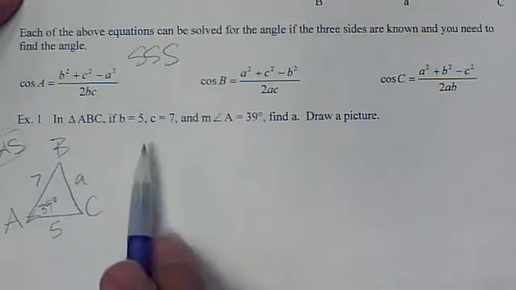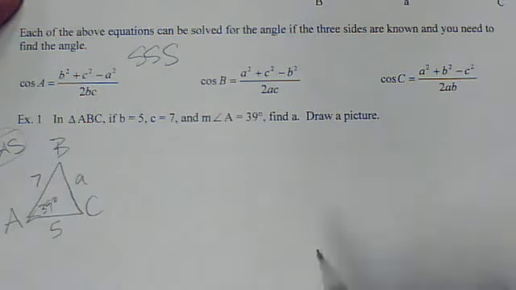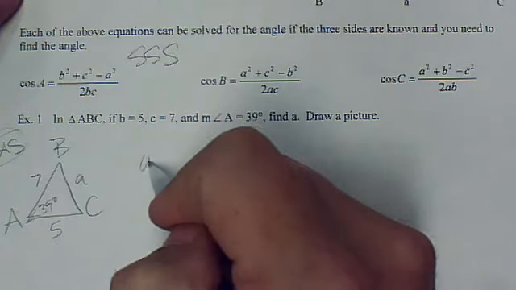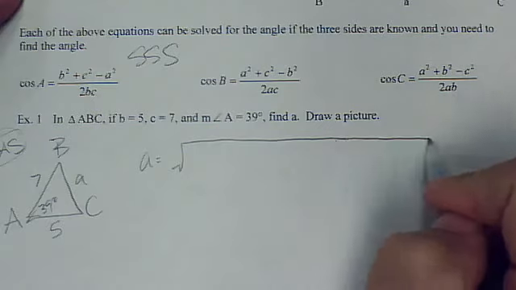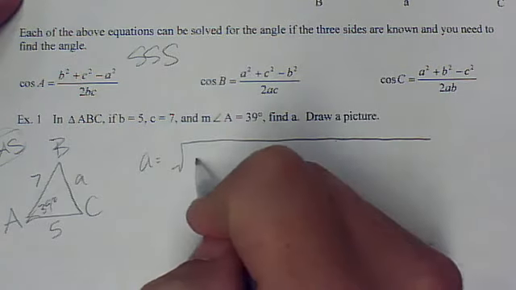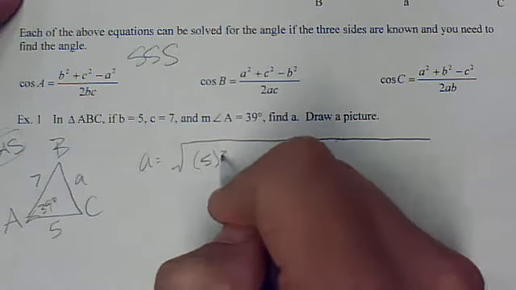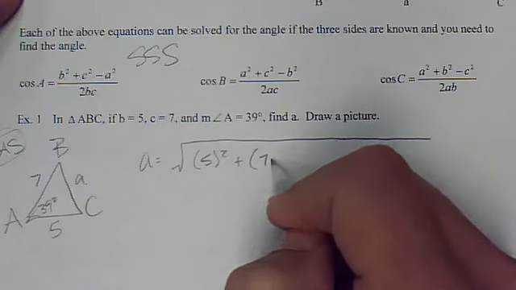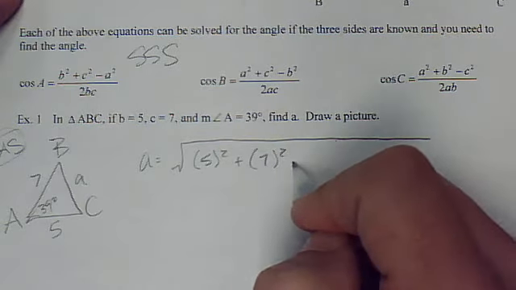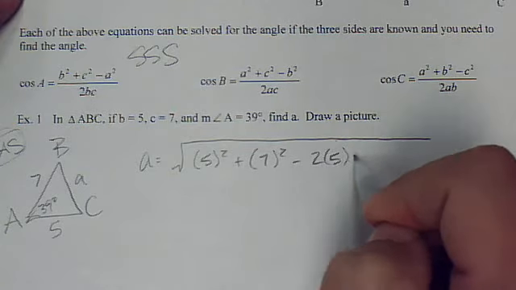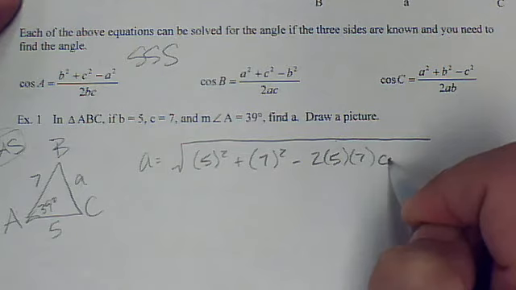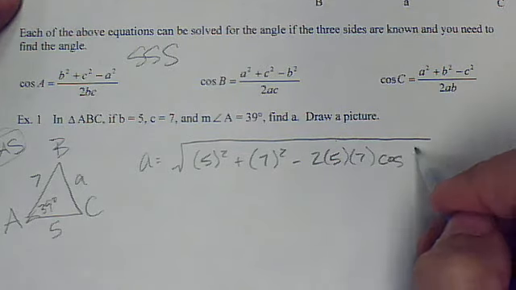So we're solving for side A. So A equals the square root of 5 squared plus 7 squared minus 2 times 5 times 7 times cosine of angle A, which is 39 degrees.